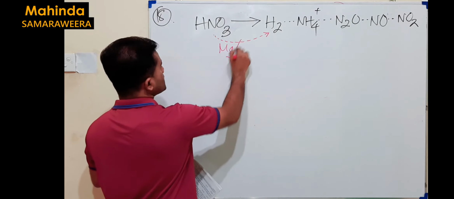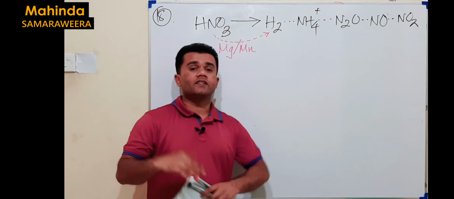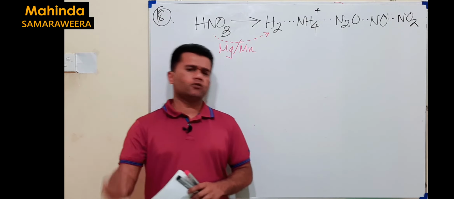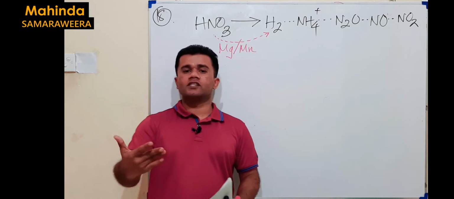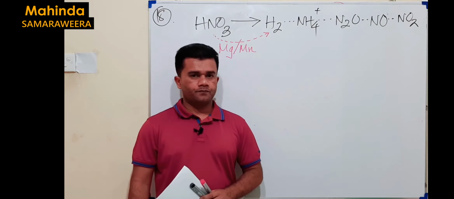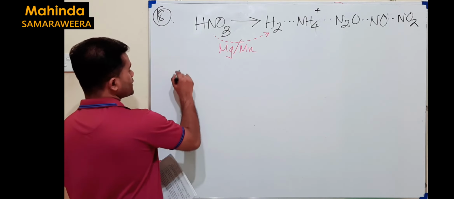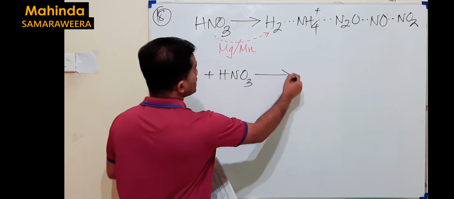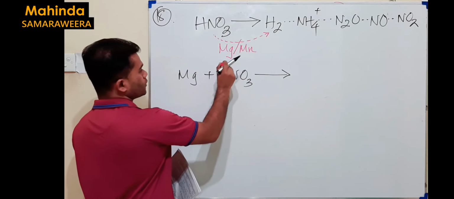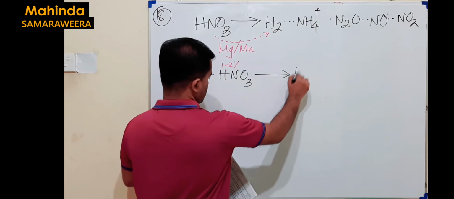It's magnesium and manganese. Only magnesium and manganese react with very dilute nitric acid to produce hydrogen gas. It's 1 to 2% nitric acid. Therefore, remember, if magnesium is there, it can react with very dilute nitric acid, that means 1 to 2% nitric acid, to produce hydrogen gas.